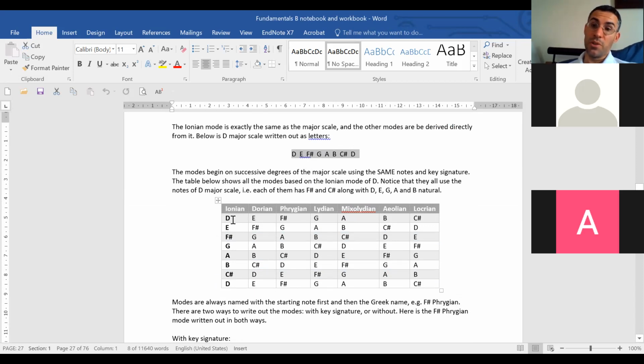Now, all of the modes are going to use these same notes: D natural, E natural, F sharp, G natural, A natural, B natural, C sharp. But they start on different notes.